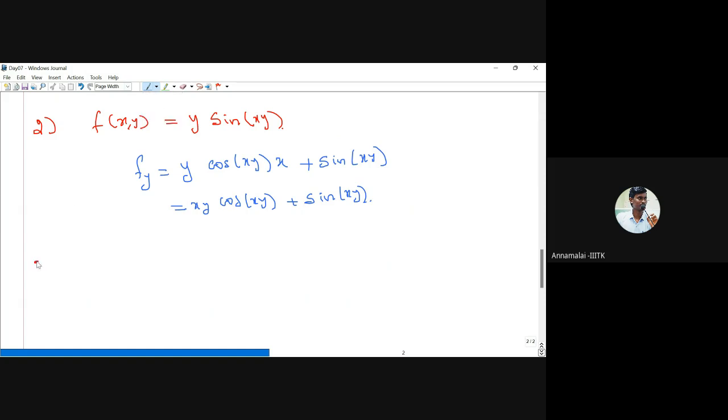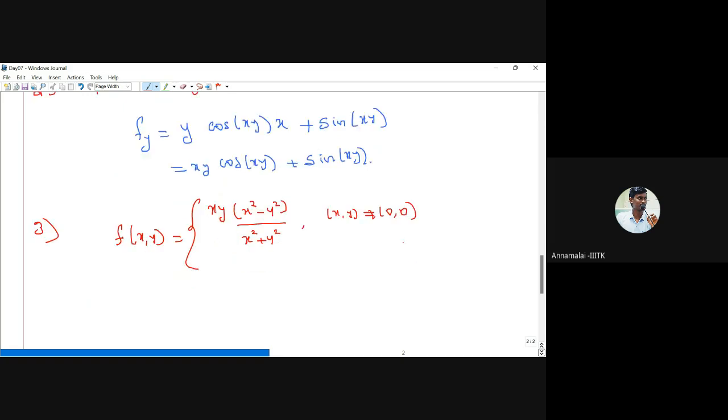Suppose the function f of x comma y is defined by xy into x square minus y square, divided by x square plus y square, if xy is non-zero, and 0 if xy is 0.